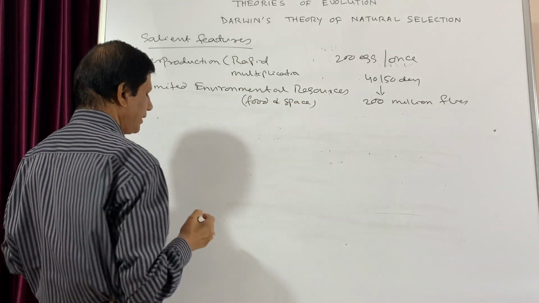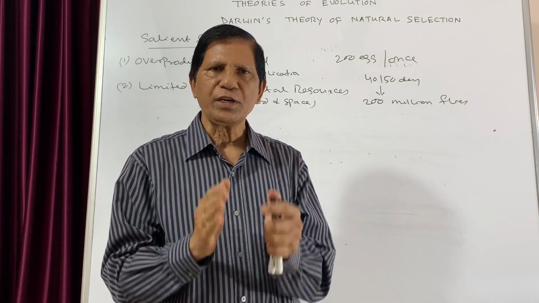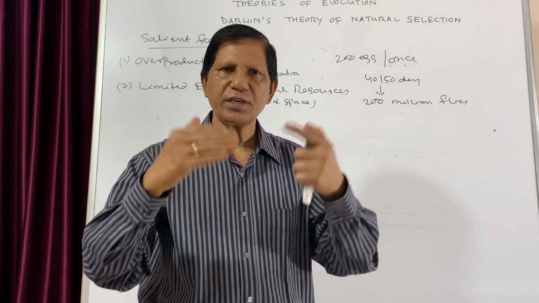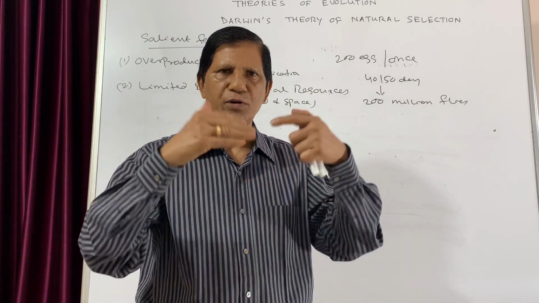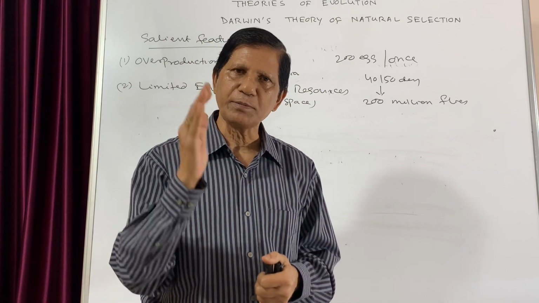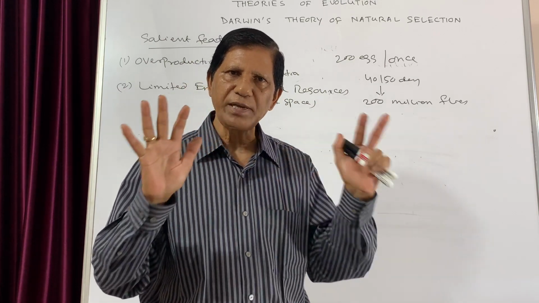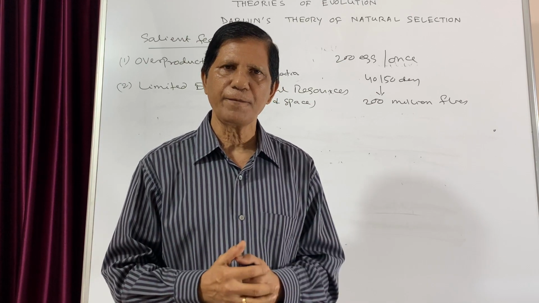These are the two main things. When a particular organism goes on producing in a geometrical progression, their number will be too much. For the survival of all these offspring, they require space and food. That is required for survival.